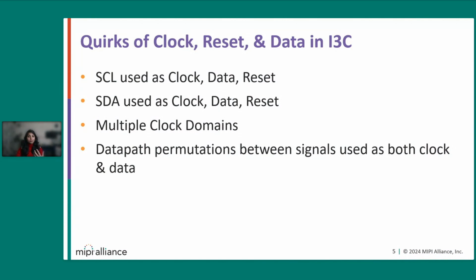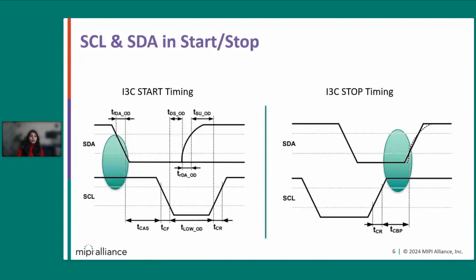Now I will discuss some modes where the SDA and SCL lines are used other than as data and clock, respectively. The first example is SCL and SDA in a start and a stop condition. In I3C, the start and stop signals are used to initiate and terminate the data transfer between two devices. The start is a signal sent by the controller to the target devices to indicate the beginning of a data transfer, and it is initiated by the controller sending a high to low transition on the SDA line while the SCL line remains high.